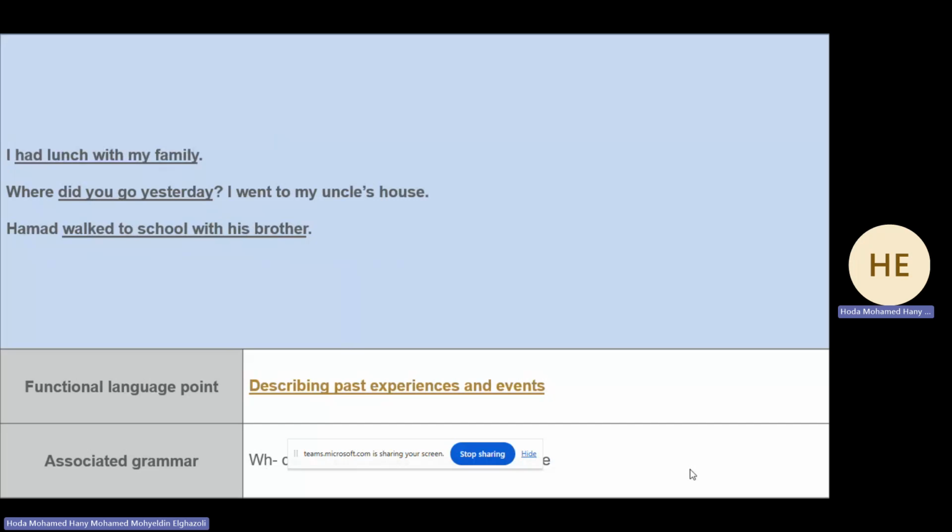I had lunch with my family, describing a past experience or event. And the question form, where did you go yesterday? I went to my uncle's house. Hamad walked to school with his brother, describing past experiences and events using past simple verbs. Those could be regular by adding ed or irregular by changing the entire form.